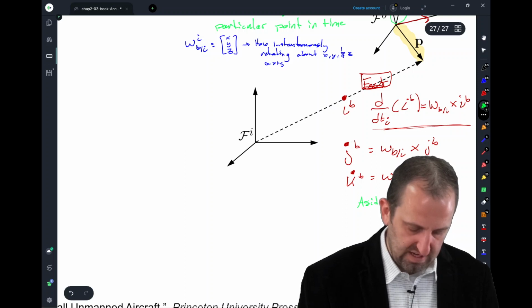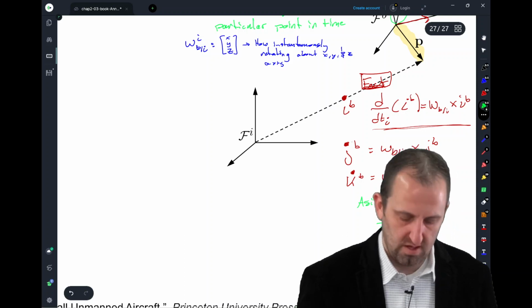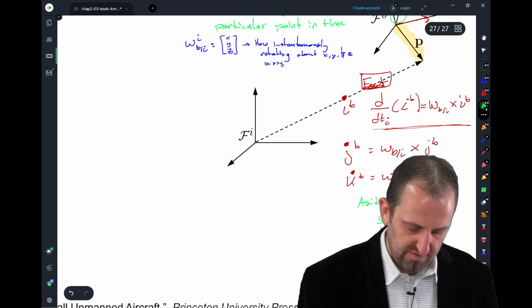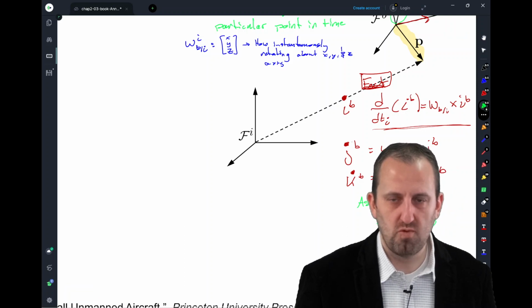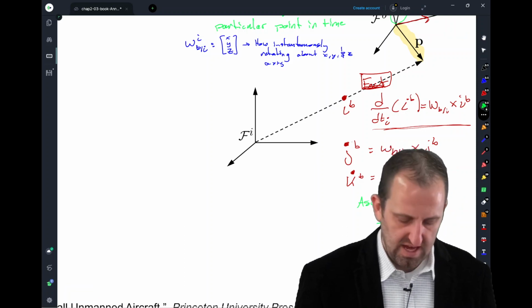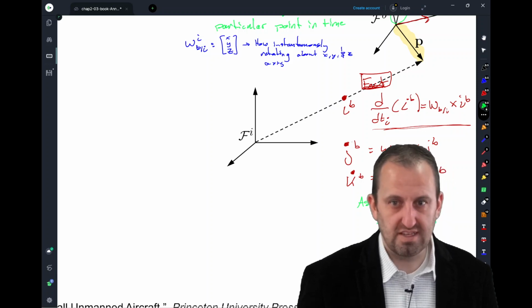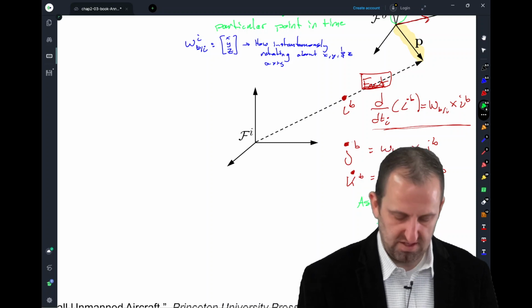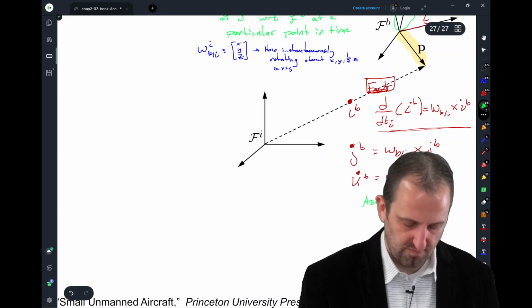If I were to define the time derivative with respect to the body frame of IB, well, that would just be 0, because it's not moving with respect to the body frame. Similarly for the J and the K. So if it's constant in the body frame, then its time derivative is going to be 0, and this would be a 0 of 3 dimensions.